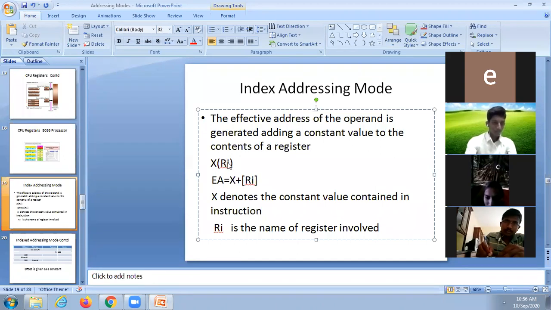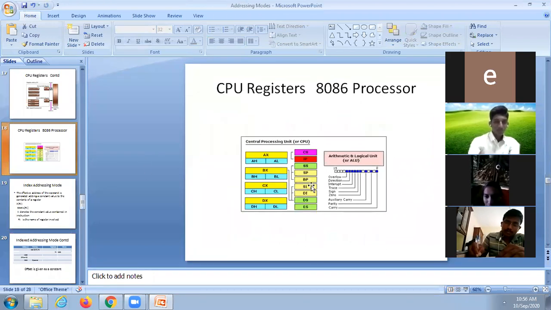Ri index register means you can use any register. Already I told that there are three registers, SI, DI and BP.